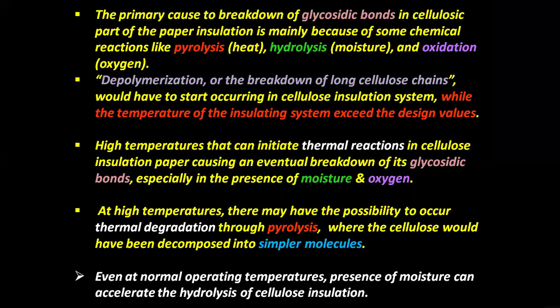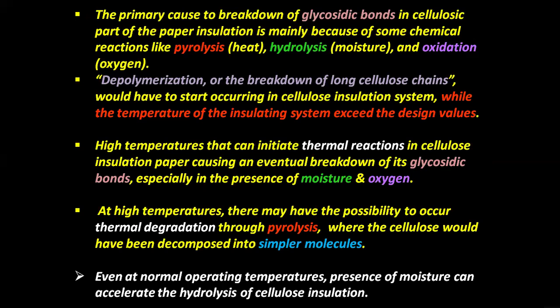The primary cause of the breakdown of glycosidic bonds in the cellulosic part of the paper insulation is mainly chemical reactions like pyrolysis, which is caused by heat, hydrolysis, which is moisture, and oxidation, which is oxygen.